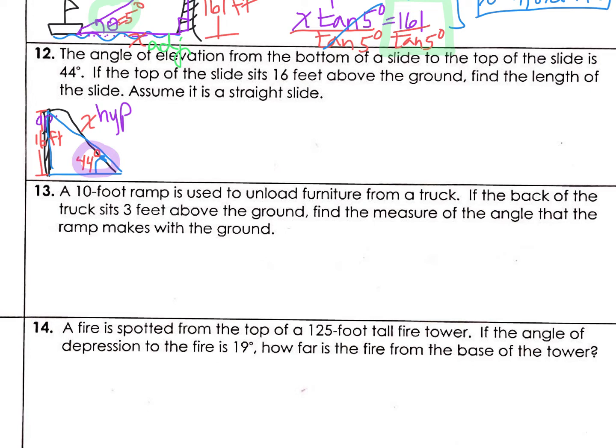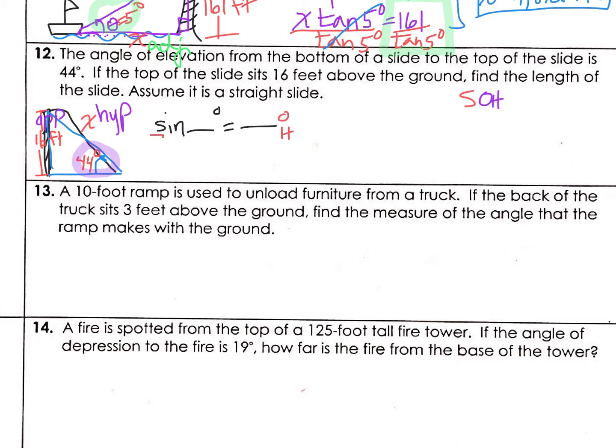OPP. I guess I'll squeeze it in there. So off here to the side, I have an O and an H. So goes with O and H. So that means I am choosing sine. So I have sine of some degrees equals a ratio. And so then you've got some old hippie.